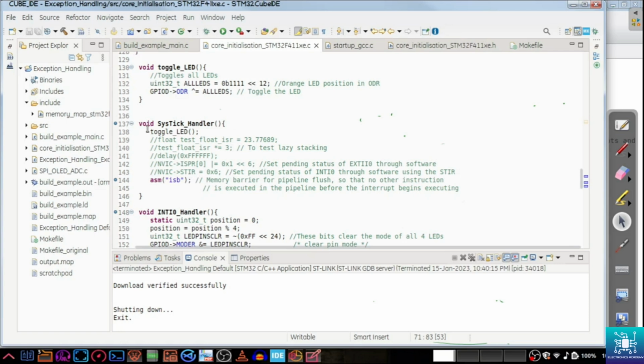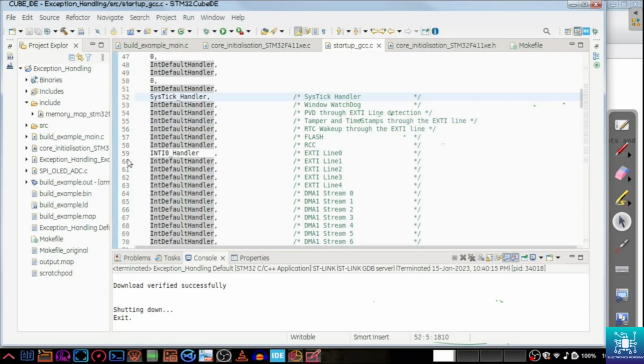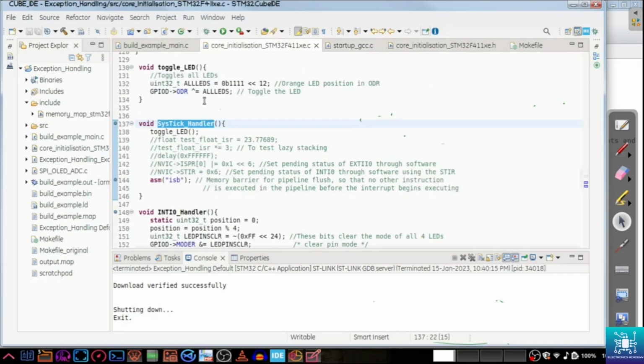So we write the Systick handler, and this is what we have entered in the startup file. That is Systick handler here, and we just toggle the LED. The LED that we toggle is actually the blue LED on the board. So let's say it's the blue LED, it's not the orange LED.